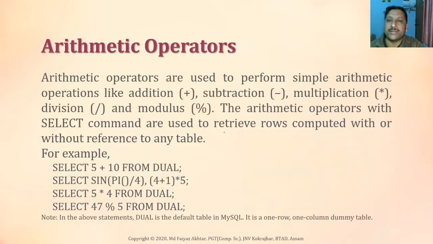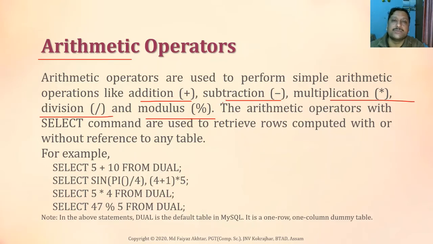See, arithmetic operators. Arithmetic operators are used to perform simple arithmetic operations like addition, subtraction, multiplication, division, and modulus. So 5 different operators are there for arithmetic. Plus is used for addition, minus for subtraction, star (asterisk) for multiplication, slash (forward slash) for division, and percent symbol for modulus.